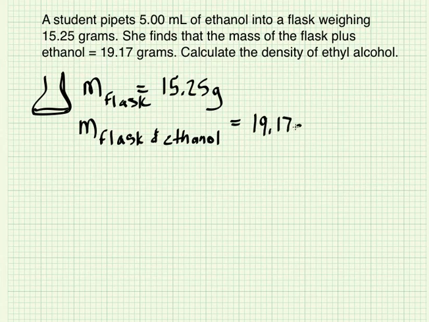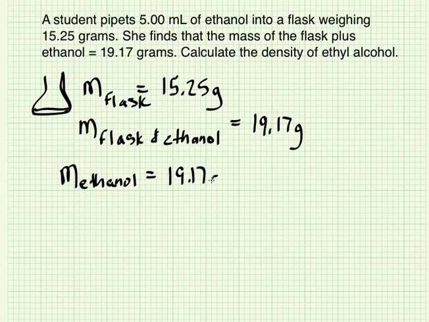Why is there a difference in mass? Well, the difference between these is the mass of the ethanol, which is actually what we need, because in order to find the density, I need the mass and I need the volume. So the mass of the ethanol is going to be the 19.17 grams minus the 15.25 grams.